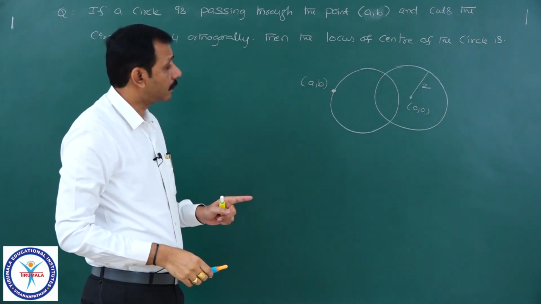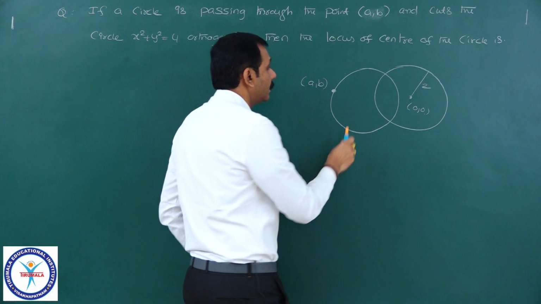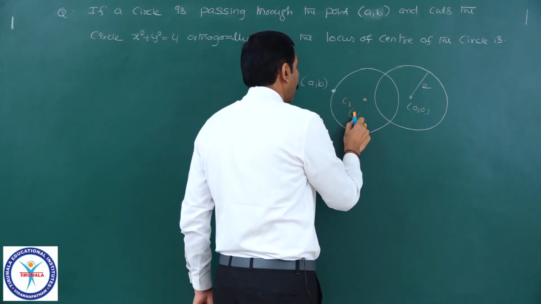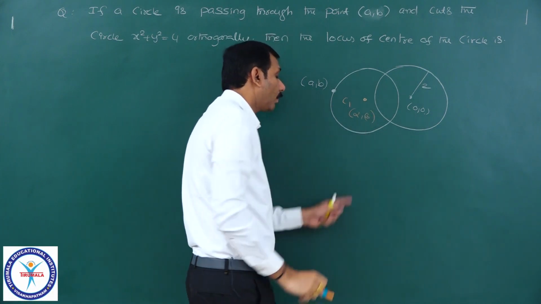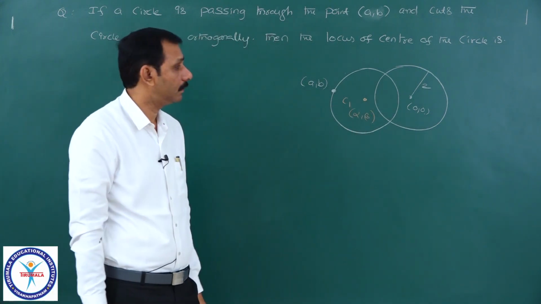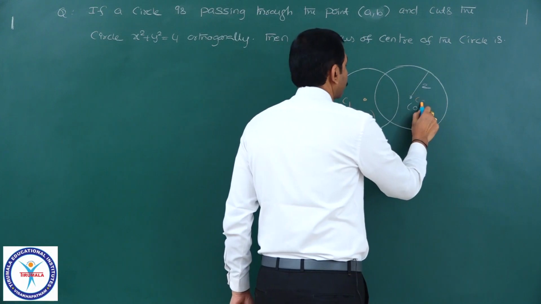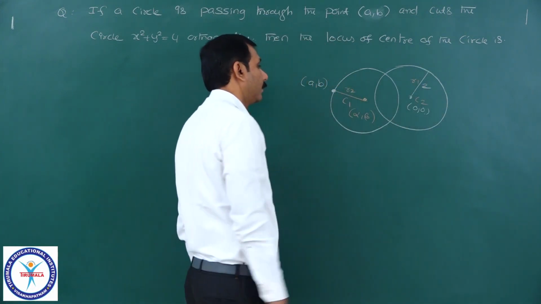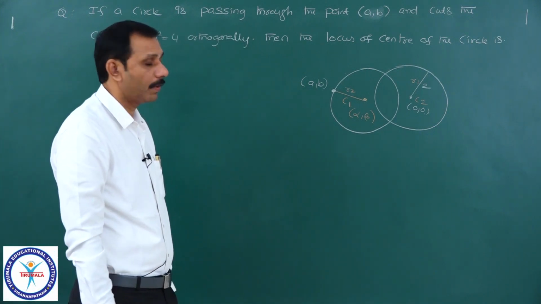Then what are they asking? They are asking for the locus of the center of this circle. Let me take the center here as C1 (alpha, beta), the locus of this center I want. Let me take the second center as C2, and the radius of this circle I will take as R1, and the radius of the other as R2. Hope you understood this one.